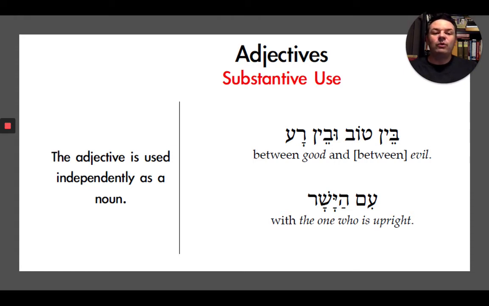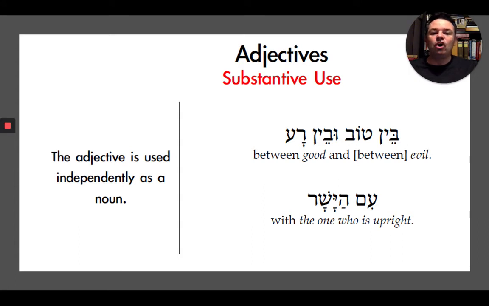So if it said, like, with Ezekiel, I think it's in Ezekiel chapter 8, or with Absalom when it talks about how his hair gets stuck in a tree, it talks about Ezekiel and Absalom as hovering between heaven and between earth. I believe in both of those instances it used that word bain twice. But anyway, bain tov uvein ra, between good and between evil, right?